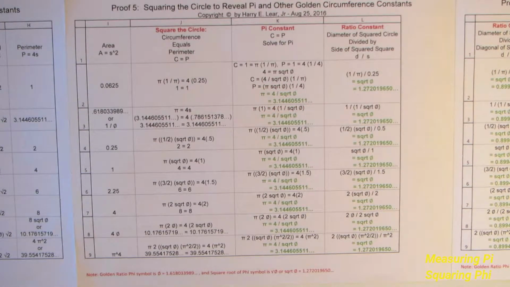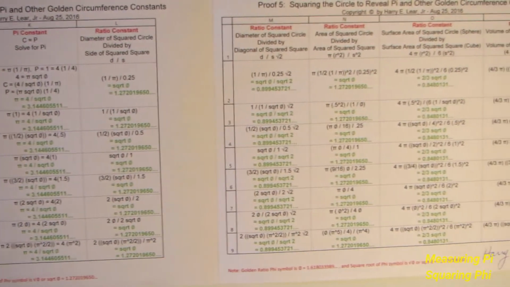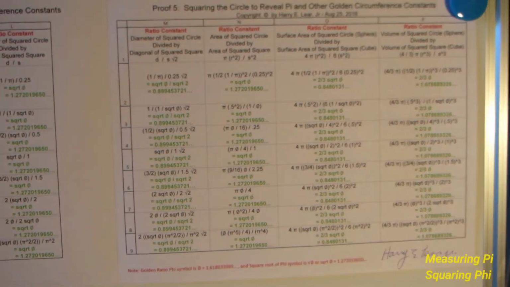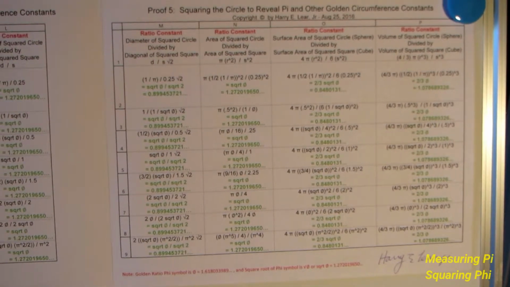We asked a question, what about the diameter of the squared circle divided by the side of the squared square? And in every case, the answer was, it's a constant of the square root of the golden ratio for every circle you can see that we did here. And continuing along that line, we asked the question, move it over here to 4 more ratios.